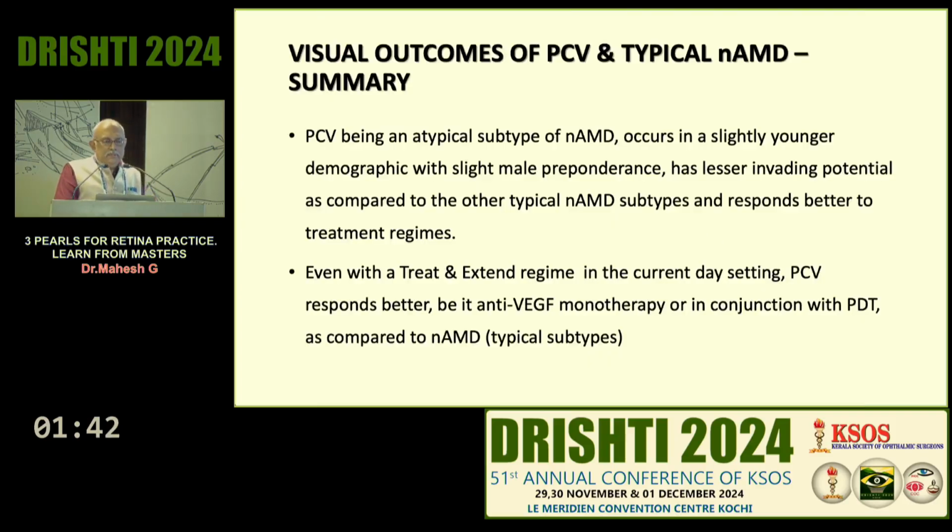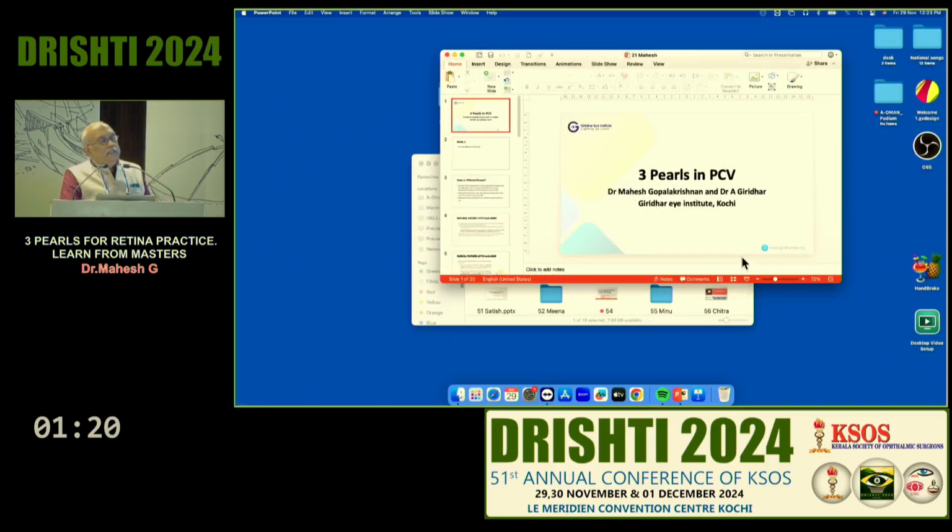So in other words, PCV has a less aggressive course unless there is a hemorrhagic complication. And if PDT is not available, sometimes in peripapillary cases you can give thermal laser also, which will help reduce the number of injections. So these are some of the differences between PCV and AMD, and the 3 pearls.